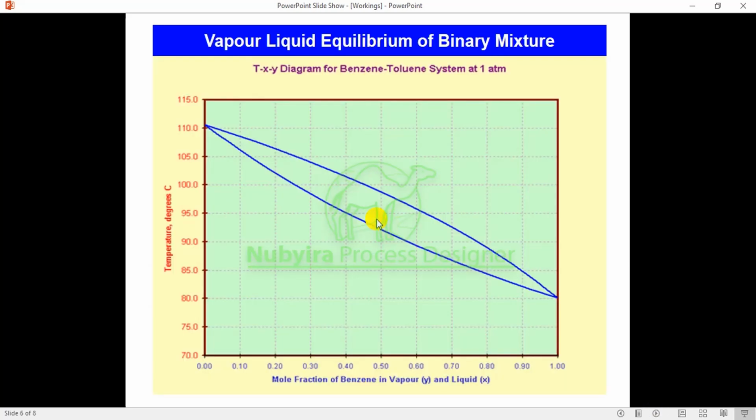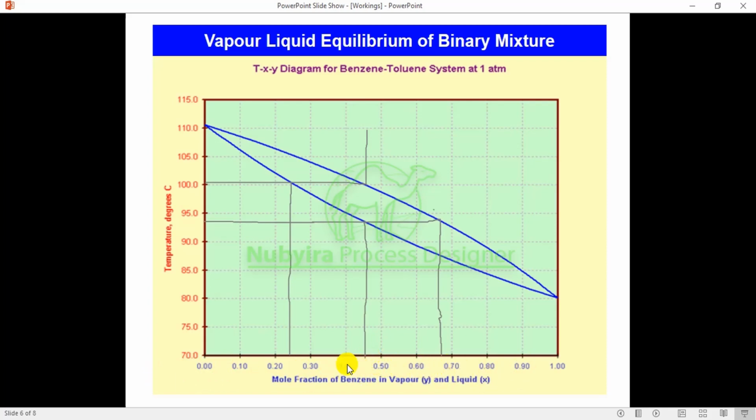Okay, this is what we call the vapor liquid equilibrium of a binary mixture. That is, this is what relates the behavior of a binary mixture, you understand, when you heat it up. For example, if you are coming at a very low temperature, let me show you something. This is something that I've done. So if you have a low temperature in this plot, you understand, and the axis at the bottom, the horizontal axis, is the composition axis.